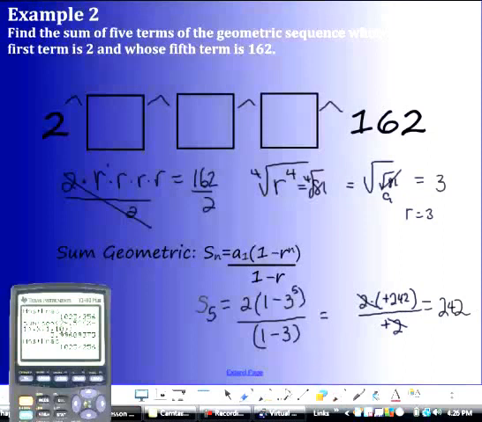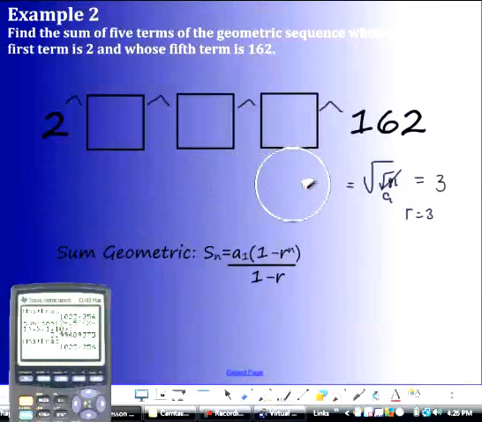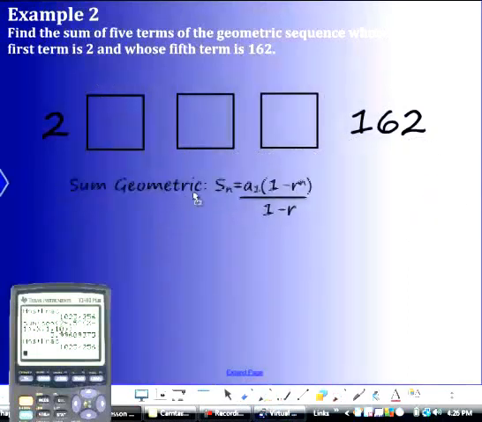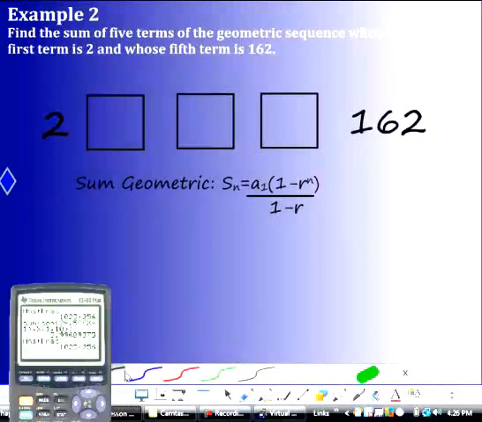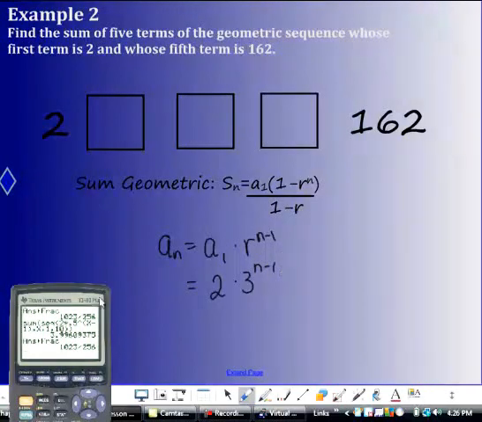And the same way, if you don't want to memorize the formula, you could take the time to write out the explicit formula. The explicit formula is found by taking the first term and multiplying it by r to the n minus 1. Okay, my first term is 2. We figured out my r was 3, to the n minus 1.